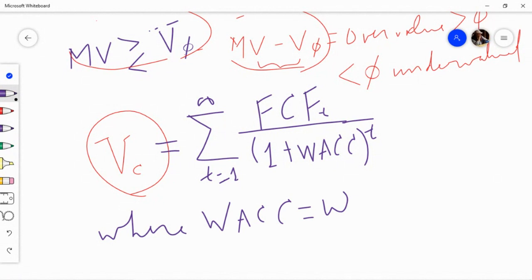Think about it. There are two types of capital, equity and debt. Equity and debt, right? So we have cost of equity, which is the required return. And then we have cost of debt. Okay.